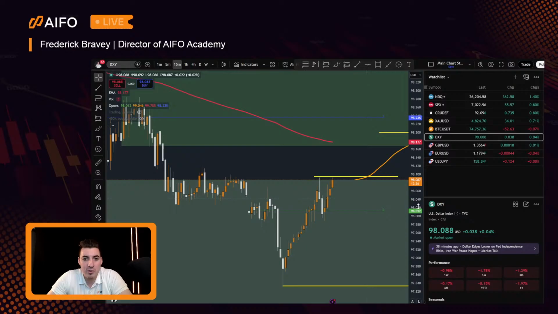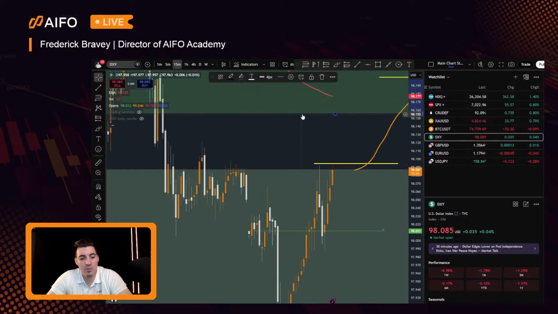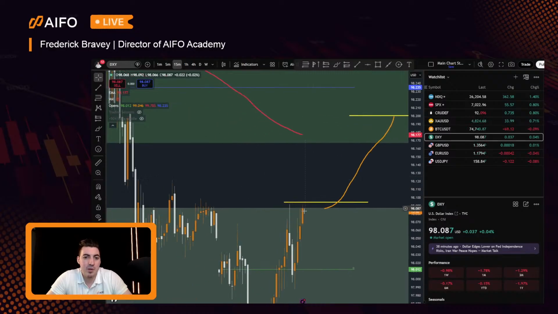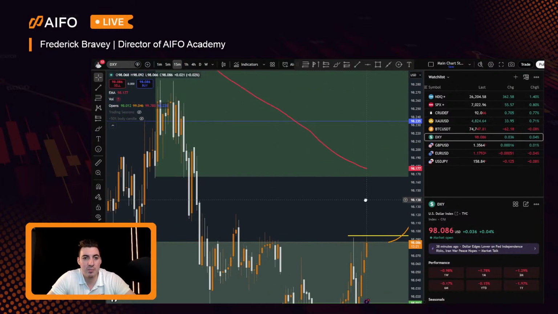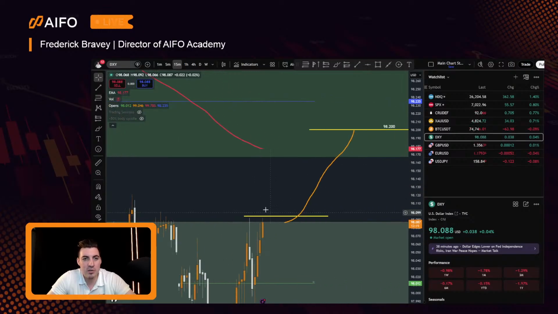So I'll just be monitoring the DXY and what the DXY is doing. If it comes up here and we start to see a snap reversal, then you've got to exit your trade on the GU. Can't take that risk, especially considering if it comes up and touches this 200 EMA.